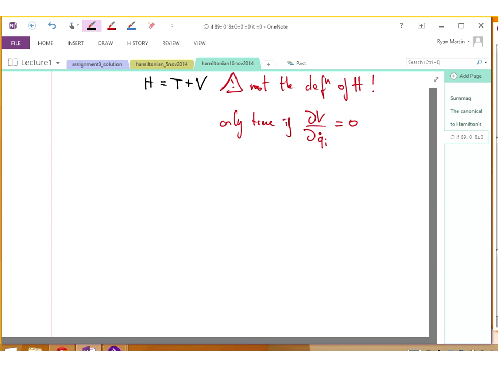So now let's do the canonical equations again, but from Hamilton's principle. So we just saw the canonical equations fall out from the transformation equations in the Legendre transform. So let's see how this fits into using Hamilton's principle.